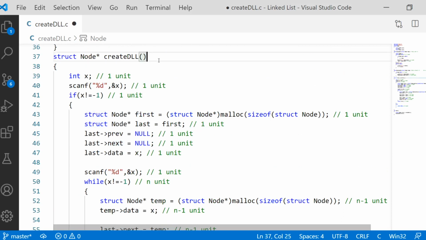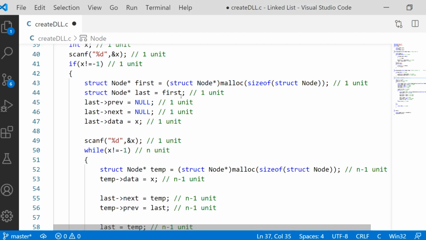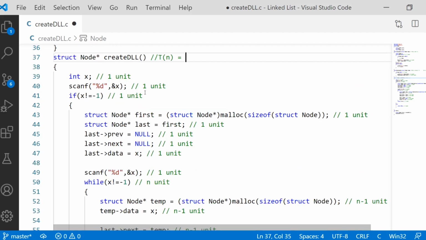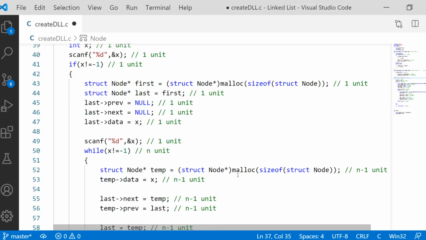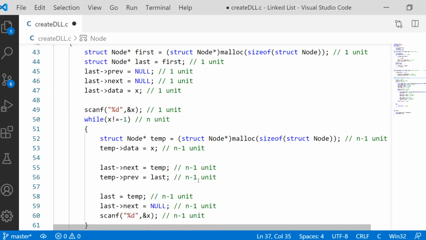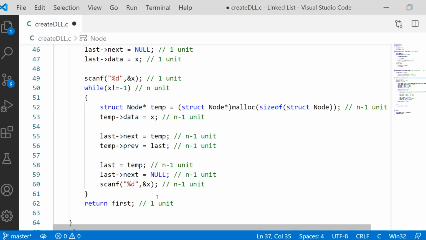We will take a function called T of n and add all the unit times inside the function. So it is 1 plus 1 plus 1 is 3, plus 1 is 4, plus 1 is 5, plus 3 is 8, plus 1 is 9, minus 1 is 8, minus 1 is 7, minus 1 is 6, minus 1 is 5, minus 1 is 4, minus 2 is 2, then plus 1 is 3.